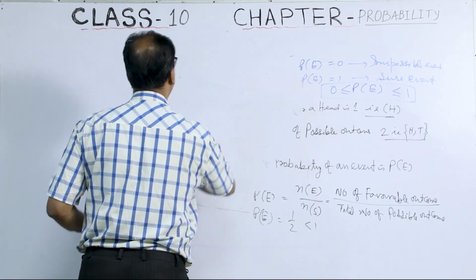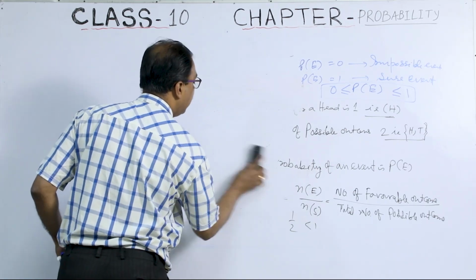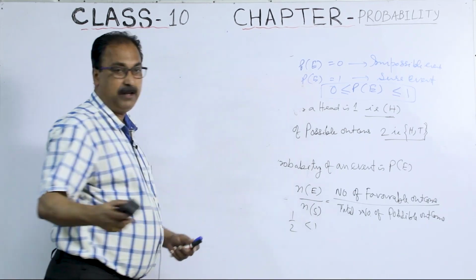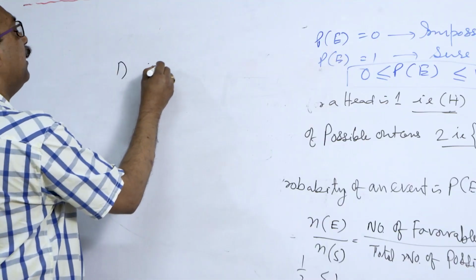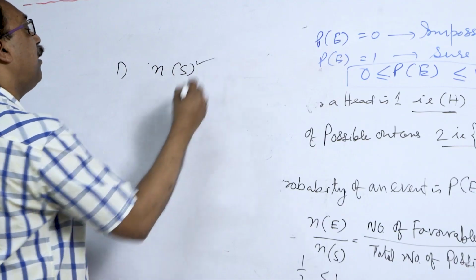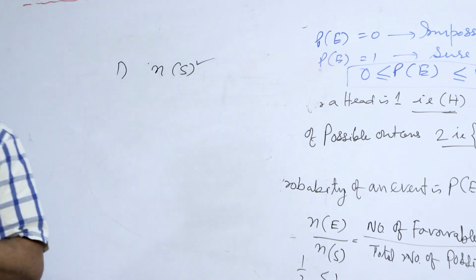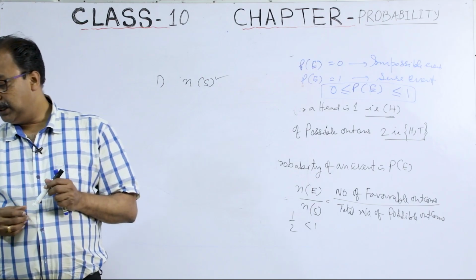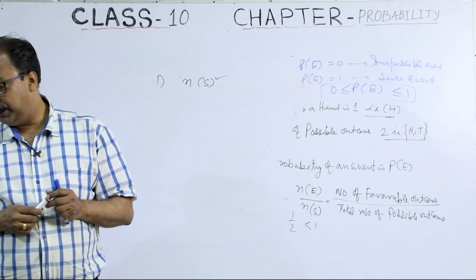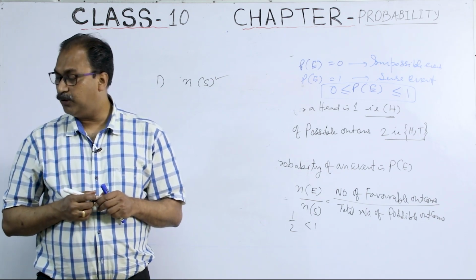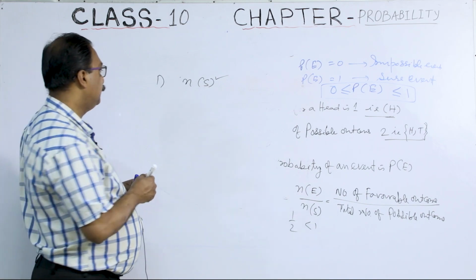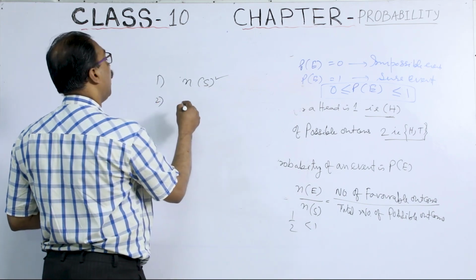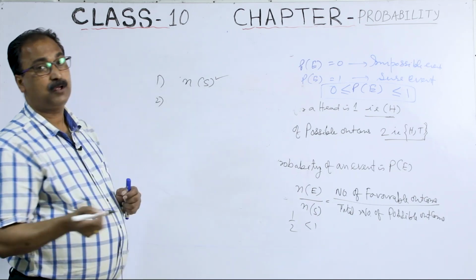How to solve simple probability problems of an event? First you have to count, number 1 point, the number of the sample space. You have to count how many possible outcomes are there. Then number 2 point: count all the possible outcomes of that event.